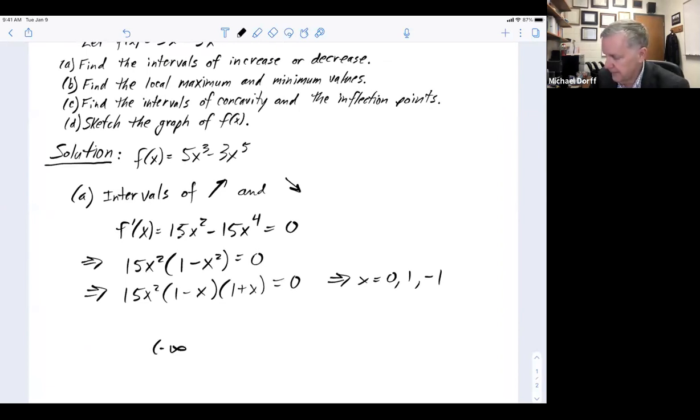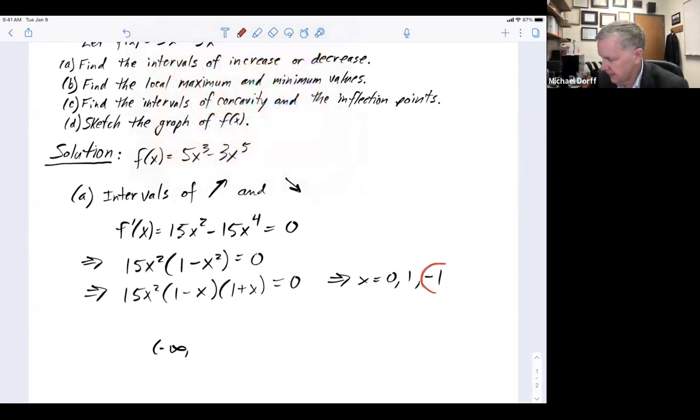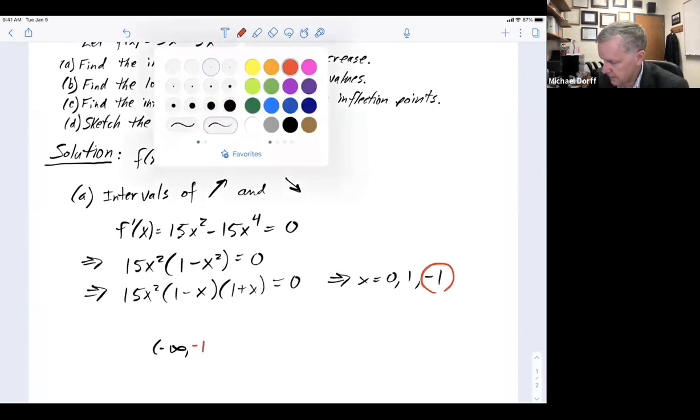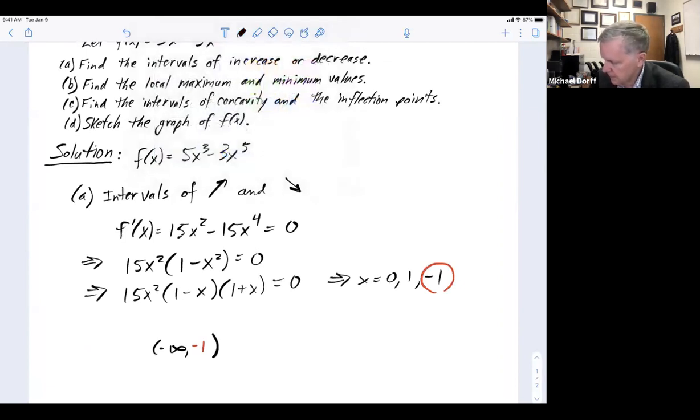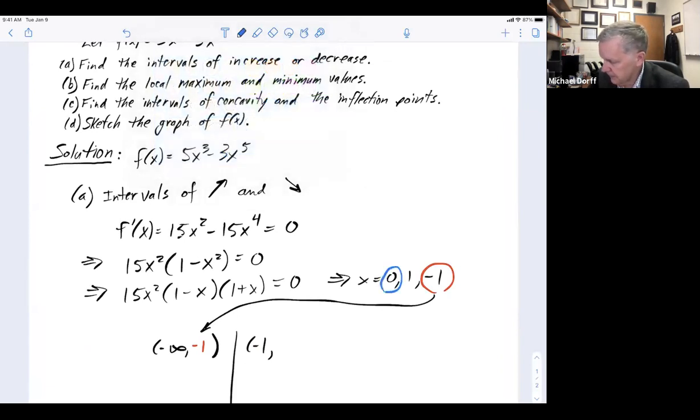I'm going to go from negative infinity to my smallest point here, and my smallest point was negative 1. So that's going to be negative 1 there. All right, so that's how I get that point. And then I'm going to go from negative 1 to my next smallest point, which was 0. So that's going to go here.